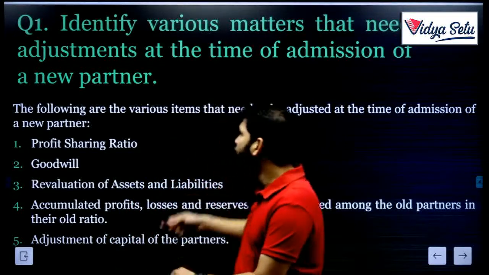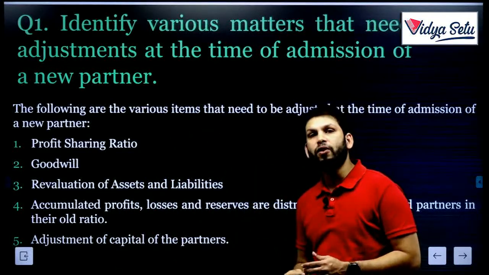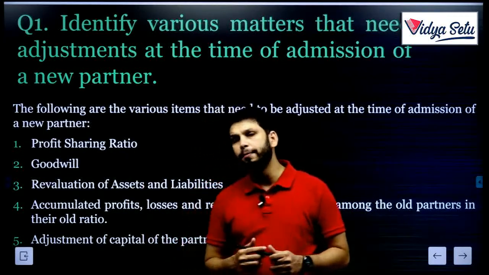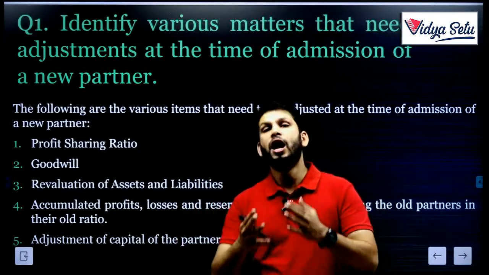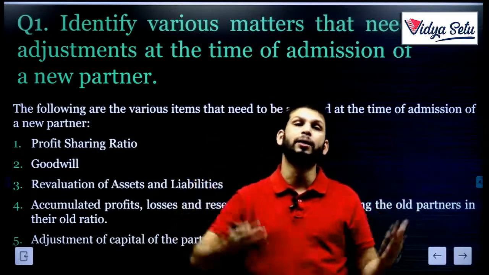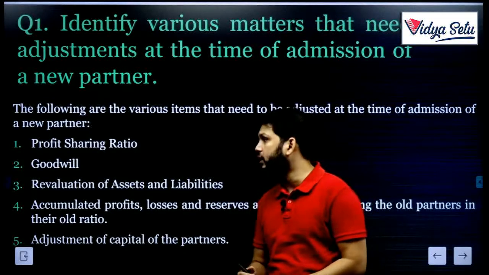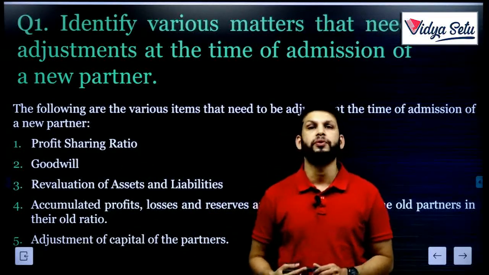First of all, we need to adjust the profit sharing ratio. You remember that when a new partner comes in, the other partners sacrifice, so we calculate the sacrificing or gaining ratio. Then we do the adjustment for goodwill.